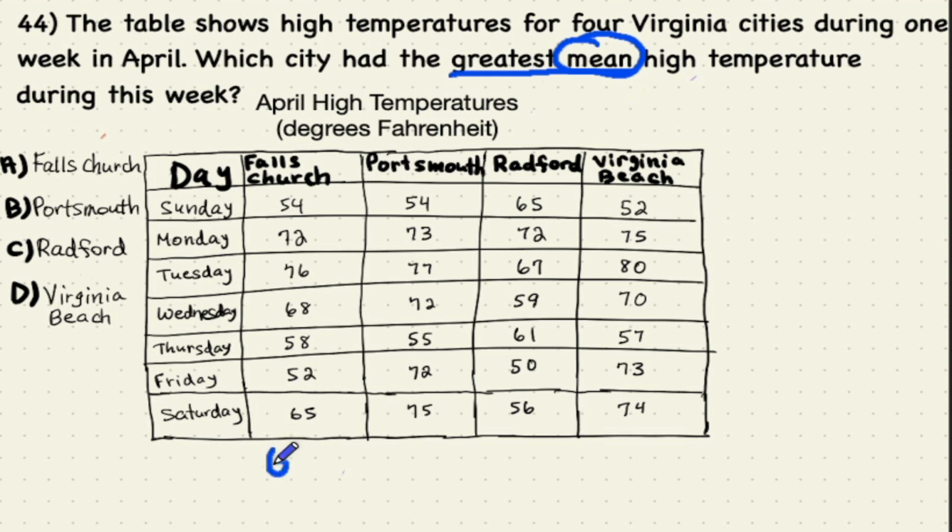Okay, so this is 63.6. And then we move over to Portsmouth and we have 68.3. Radford is 61.4.